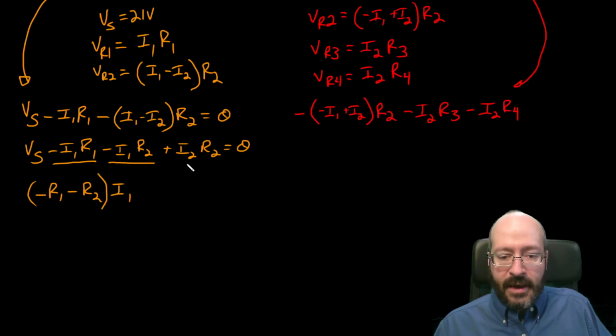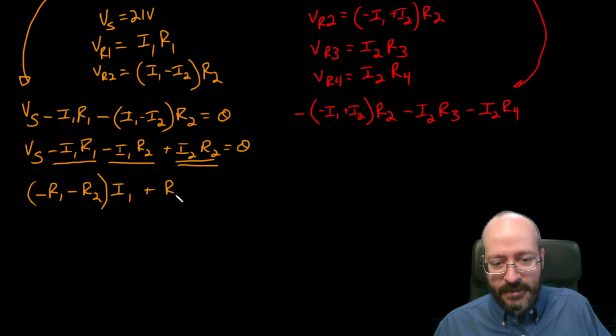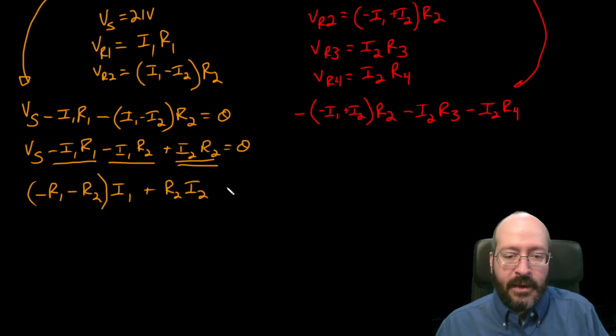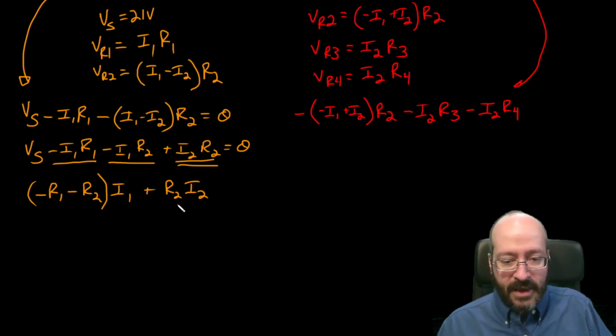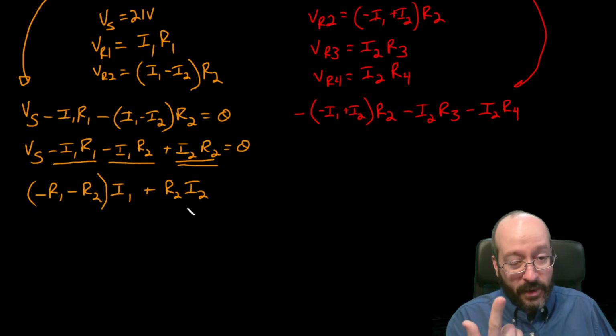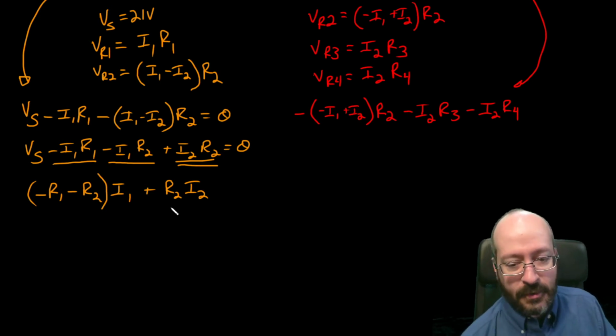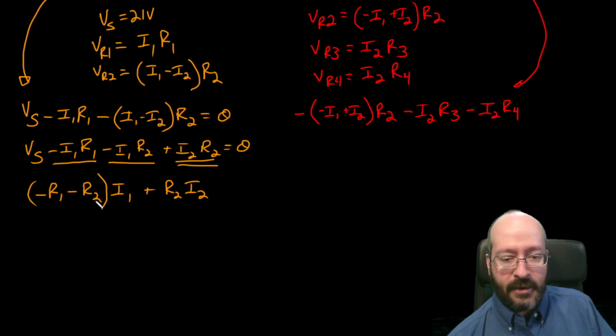I have only one term that has R2, and I'm just going to switch the order here because we start thinking about the resistors as coefficients of the unknowns. So commutativity allows me to do that. So I have all of my terms, all one of them, for I2 grouped together correctly.